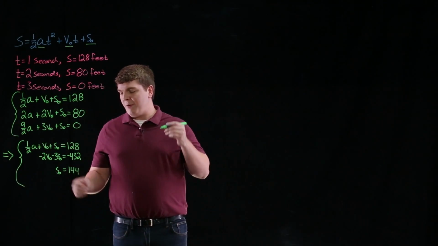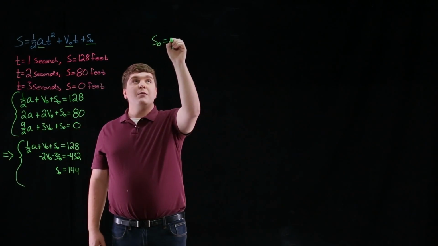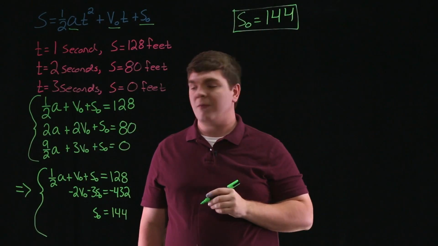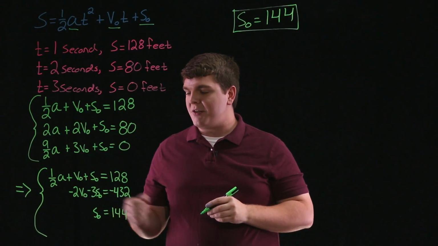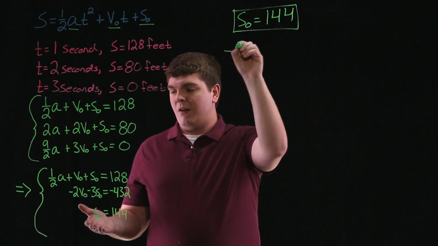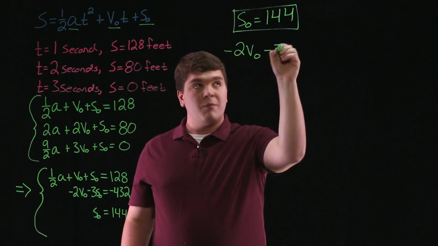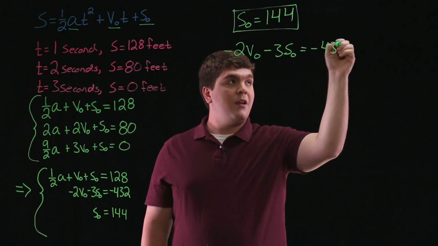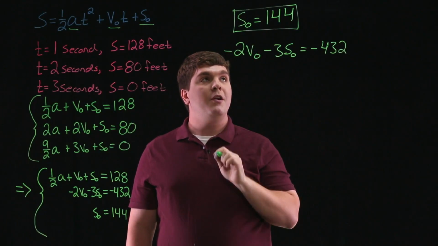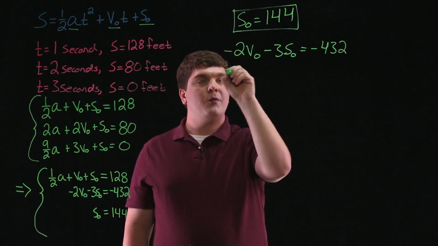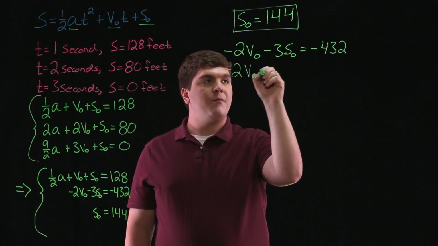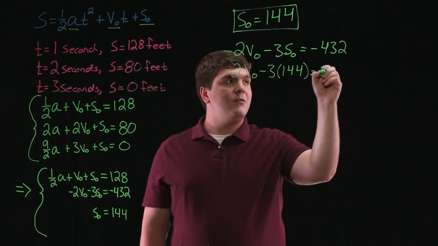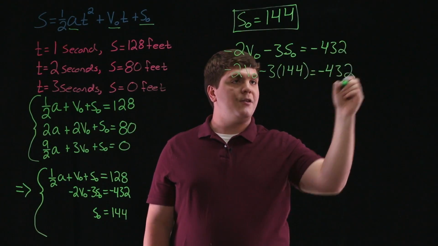So let's begin by writing down S naught equals 144. So we already have S naught solved for. Next, we can substitute this into our second equation, -2 V naught minus 3 S naught equals negative 432. So substituting 144 in for S naught, we have negative 2 V naught minus 3 times 144 is equal to negative 432.